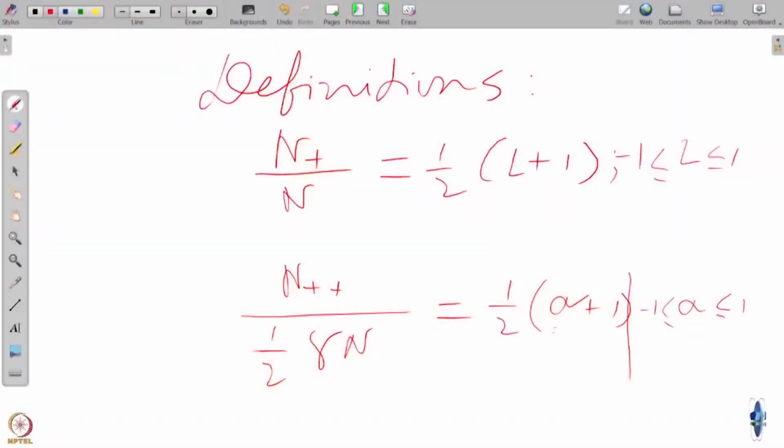Now, when sigma is 1, n plus plus becomes equal to half gamma n, that means all the short range parameters are up, all the nearest neighbors are up. On the other hand, when it is minus 1, then it is 0, you do not have any up spins surrounding your nearest neighbors, all spins are down. Okay. So, these are the definitions of the short range and long range order parameters.